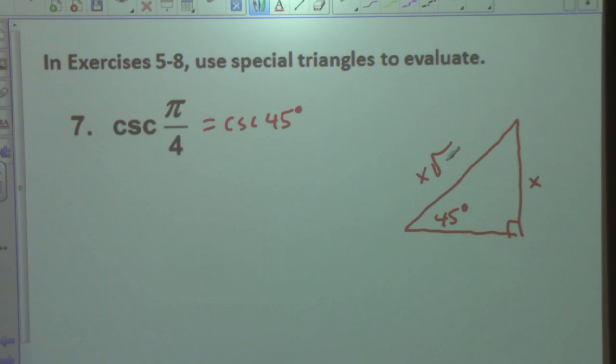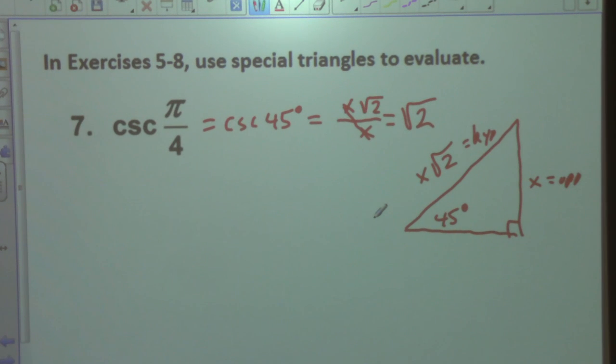And since it's the reciprocal of sine, you do the hypotenuse over opposite. So you do x square root of 2 over x. The x's can cancel and it's just square root of 2. Everybody okay with that?